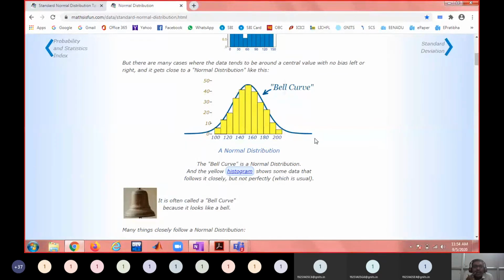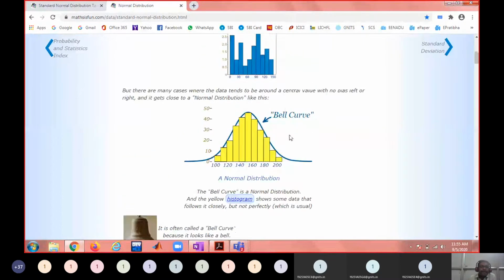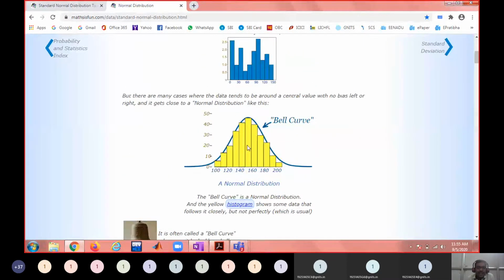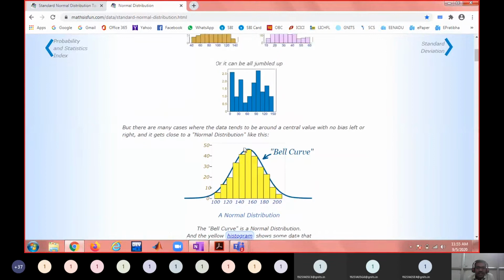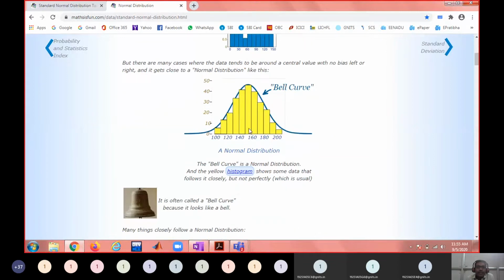We will solve them using the normal distribution, with the assumption that the data is normally distributed. That means when you draw the graph, it looks almost like a bell-shaped curve. This is the default assumption. Please remember that.